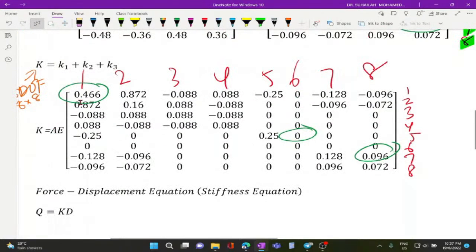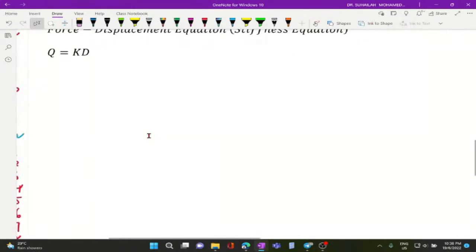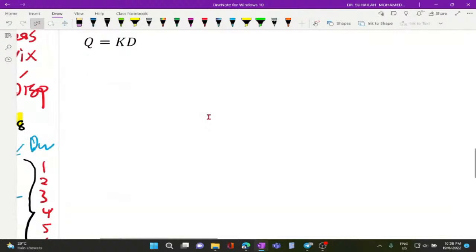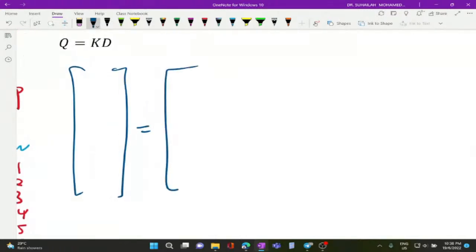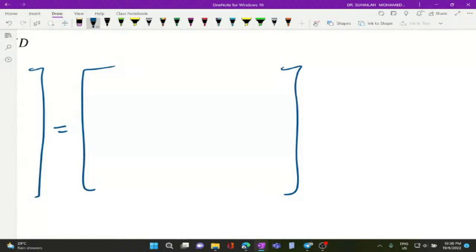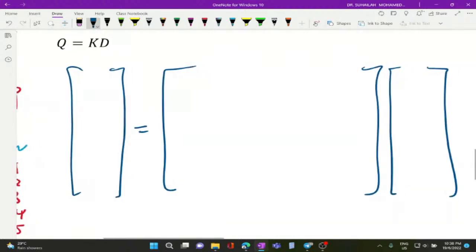And K, we have this. This is how we write the equation in matrix form.